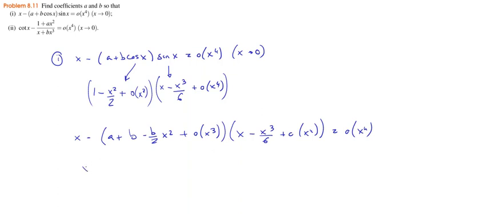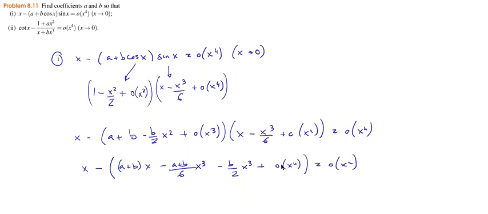Now if you multiply, this is x minus a plus b times x, minus a plus b over 6 x cubed, and then minus b over 2 x cubed, plus small o of x to the fourth, and so everything else is small o of x to the fourth.